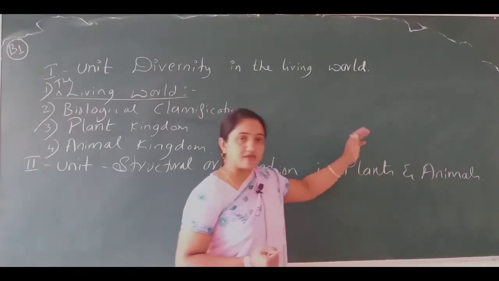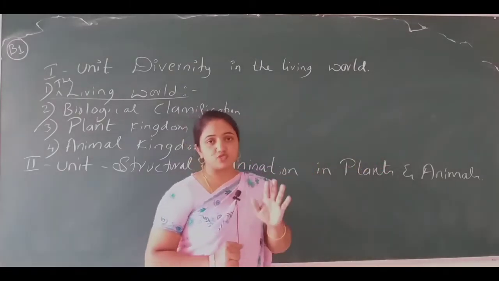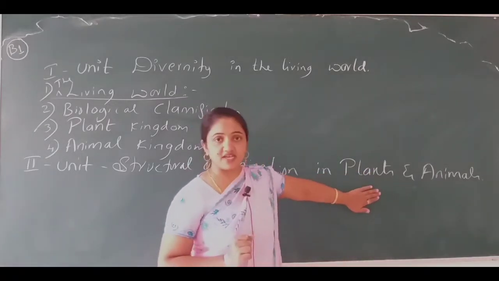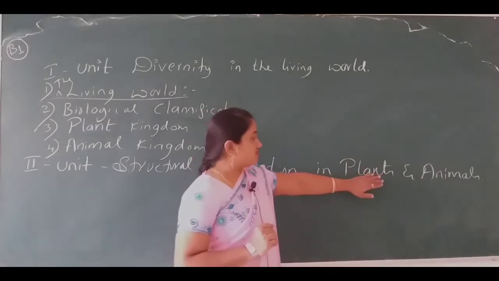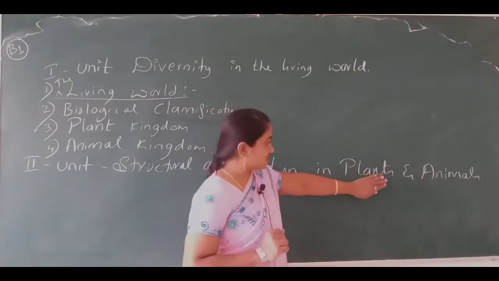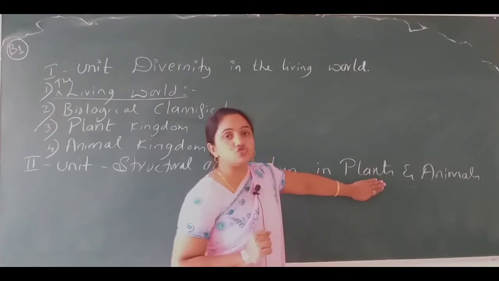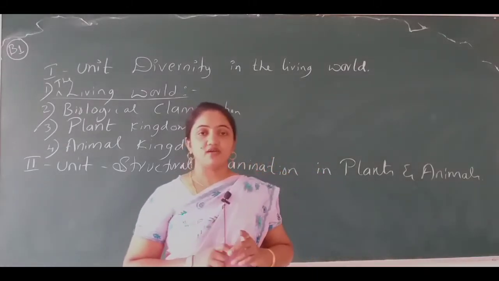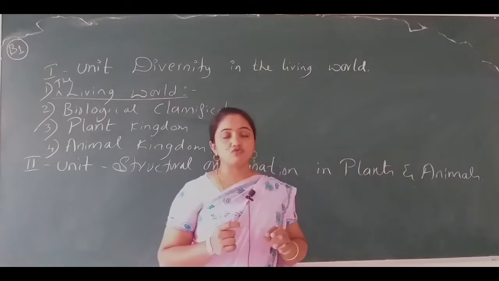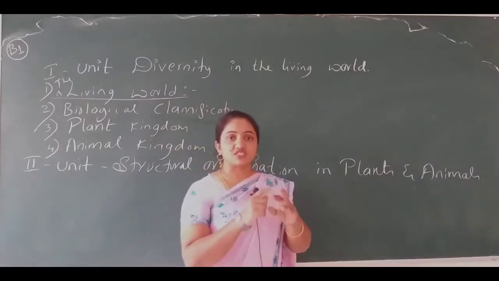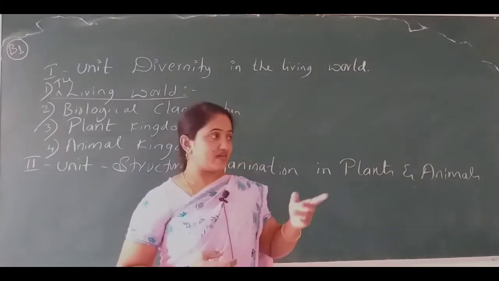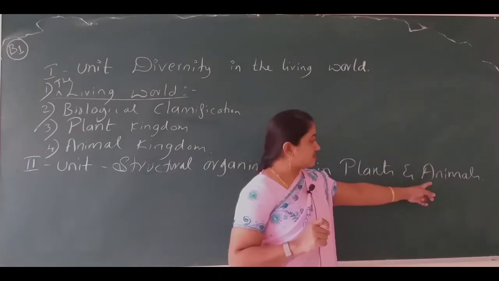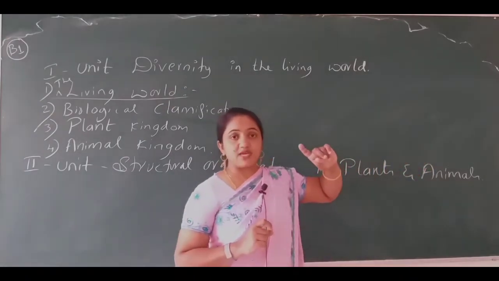So many types of plants are there: bryophyte, pteridophyte, gymnosperm, angiosperm, and algae. But in this unit, structural organization, they have taken the angiospermic plants. How the roots are modified, how the stem is modified, how the animals are structurally organized, how the nervous system is divided, how the skeletal system and the reproductive system work.